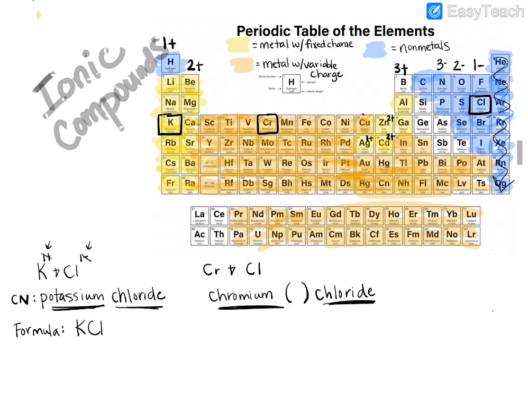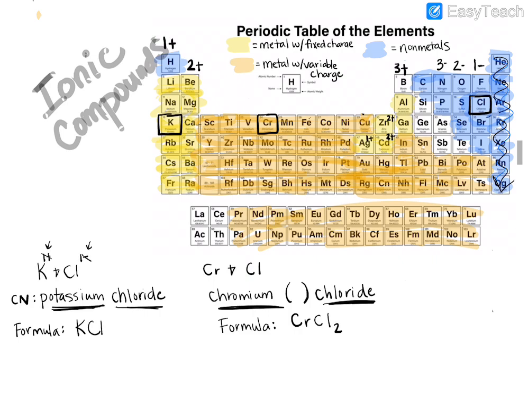In order to figure it out, you have to have the formula. So let's go ahead and do that. If I tell you the formula for this chromium ion within this ionic compound, let's say the formula is CrCl2, okay?